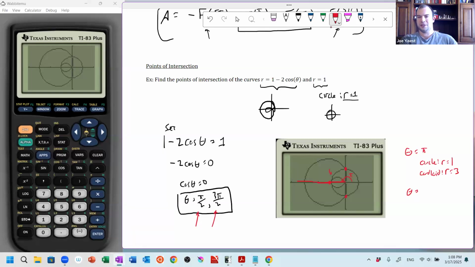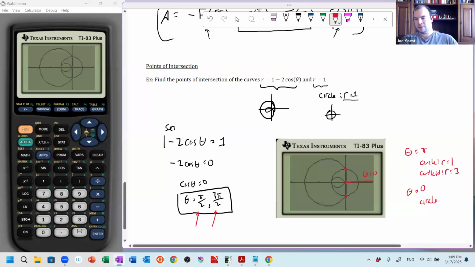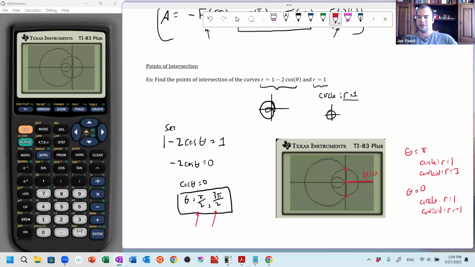So it looks like not a solution there either. Let me erase these. It's trying to draw too much on the calculator screen. But when theta equals 0, the circle r equals 1, and the cardioid r equals -1.